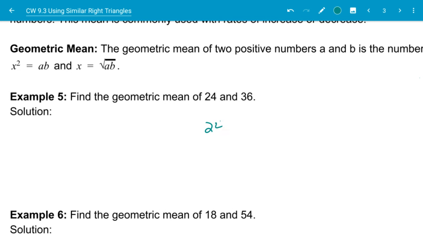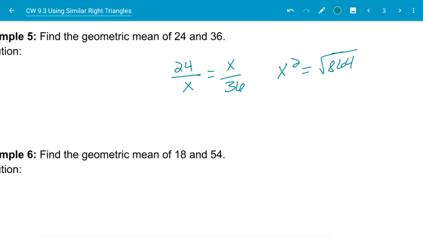So we're going to use that little fact to solve for this. I'm going to say 24 over X is equal to X over 36. So I'm going to have X squared is equal to 24 times 36. Now that gives me a big number, and I have to take all of my perfect squares out of there.